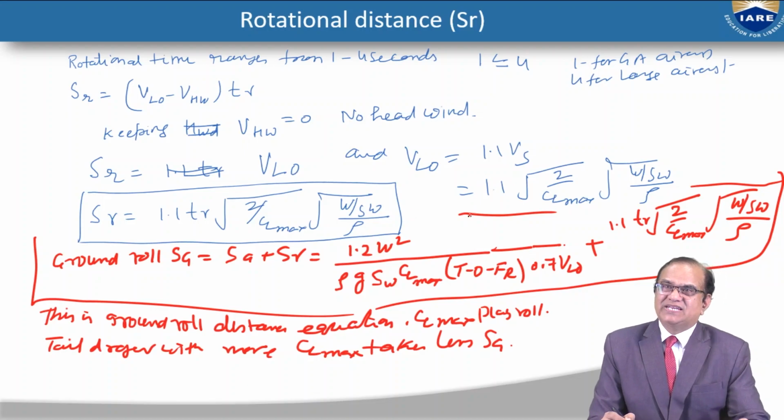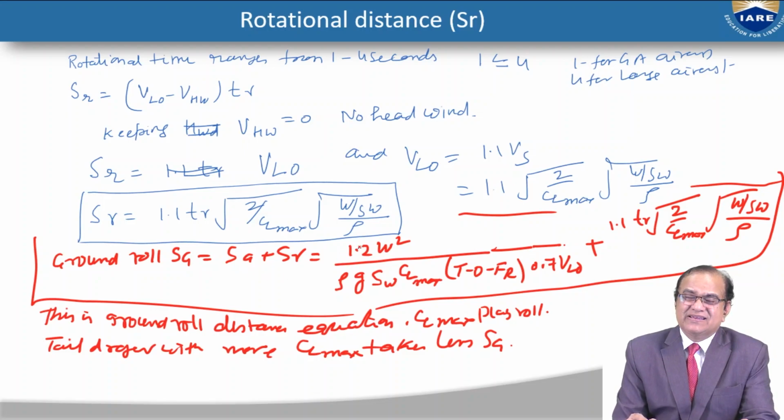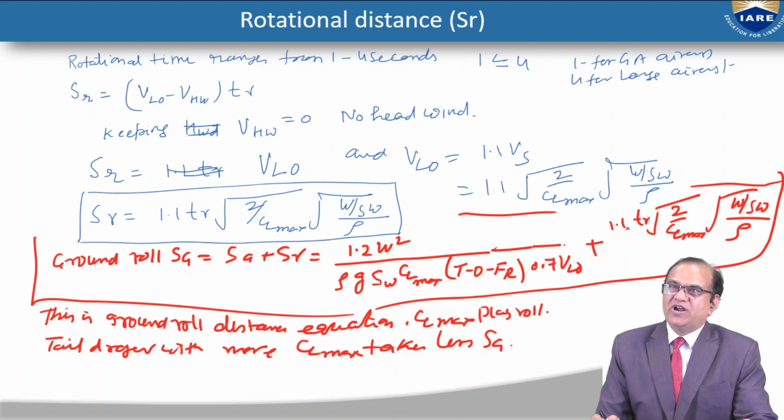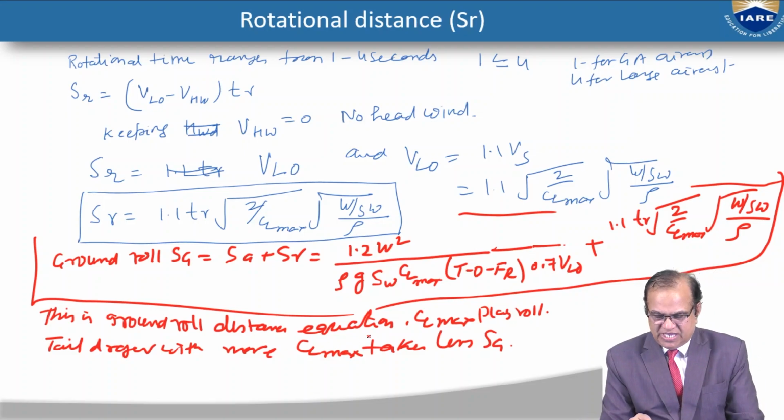So we can write that ground roll SG is equal to SA plus SR, and if we sum up, we will get 1.21 W square over rho G SW CL max T minus D minus FR at 0.7 V lift off, plus 1.1 TR under root 2 by CL maximum under root W by SW by rho. This is the ground roll distance equation.